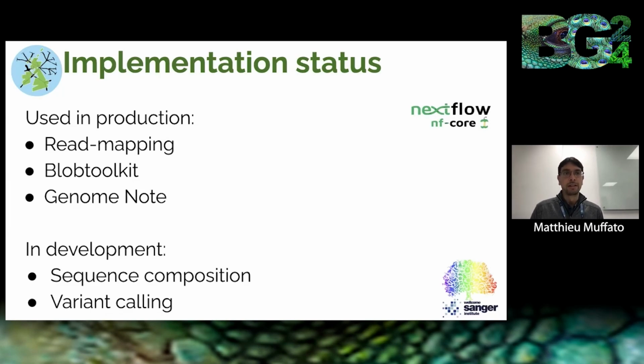Those three pipelines are used in production. They have now been run on probably 1,500 species. We have a couple of pipelines being developed that are being rolled out in production gradually. So the one that looks at sequence composition and one that does variant calling and analysis.